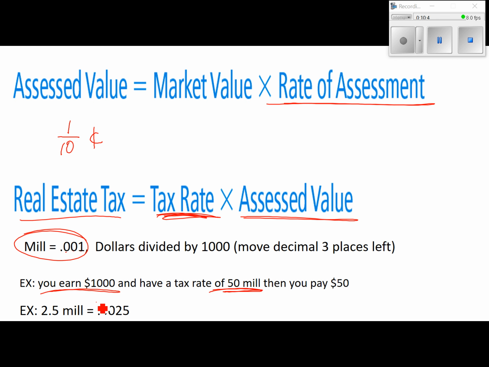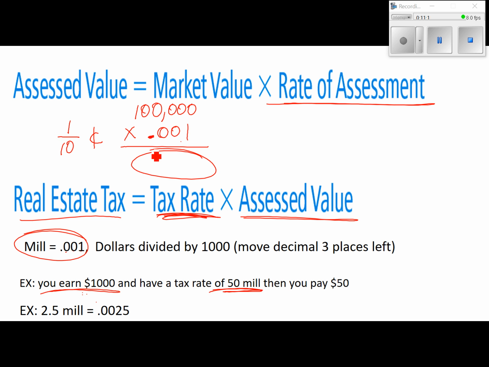So what this is saying is you're taking this 0.001 and multiplying it. So if your property was worth $100,000 and you're paying 1 mill, you multiply that and that's going to tell you what you owe. So for every dollar it's worth, they're taking out a tenth of a cent.